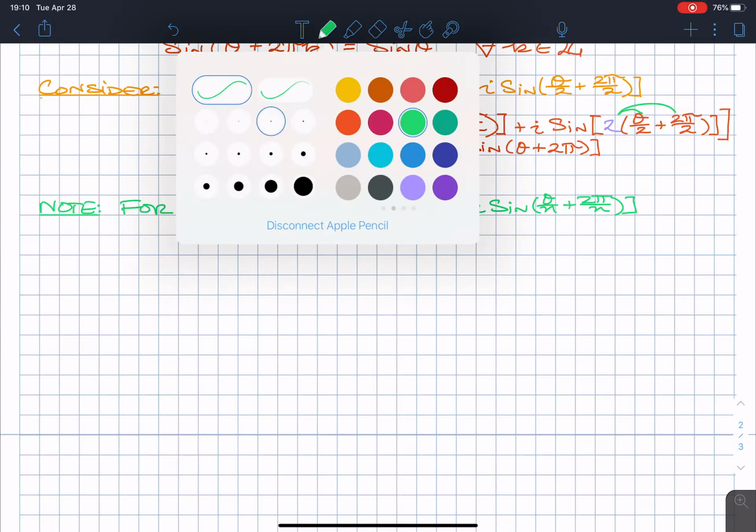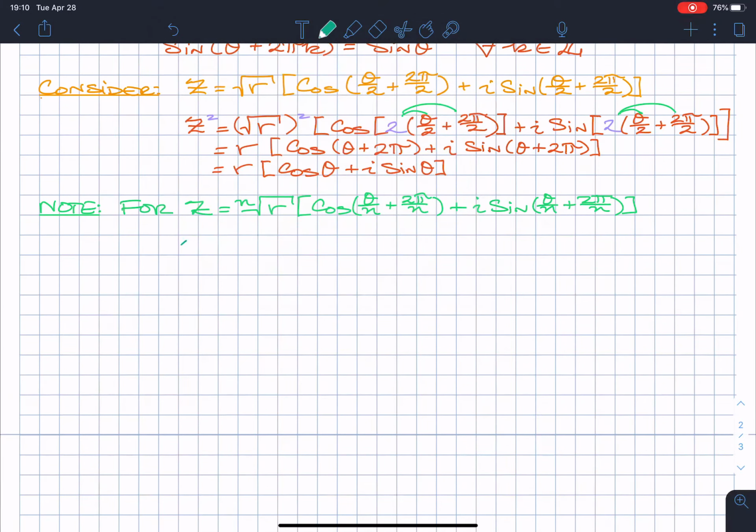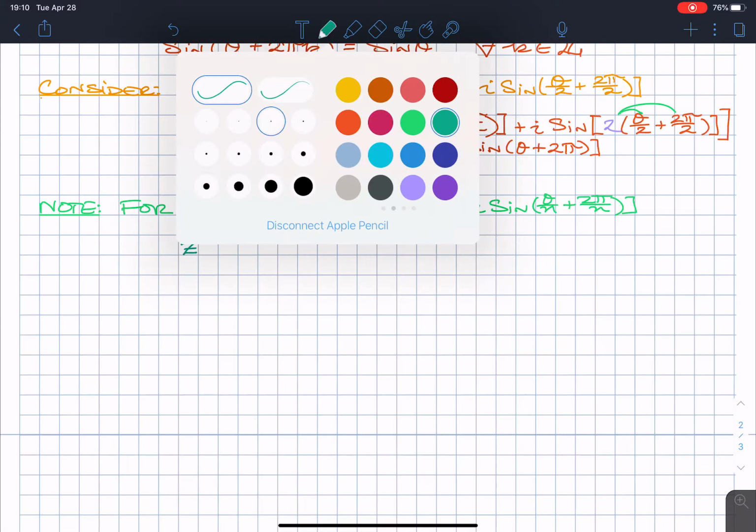What happens when we raise z to the nth power?